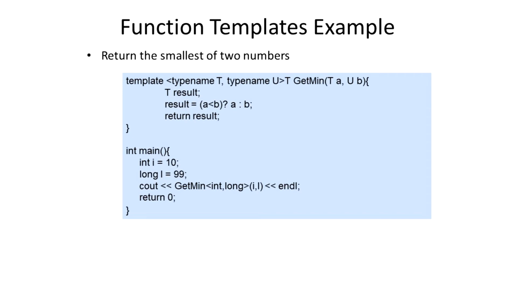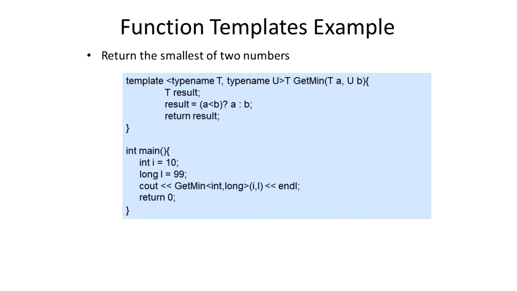So now if we go down to main, we are declaring two variables within main. We've got int i, which has the value of 10, and then long l, which has the value of 99. So we then pass those values to the getMin function. We invoke it within a cout statement.